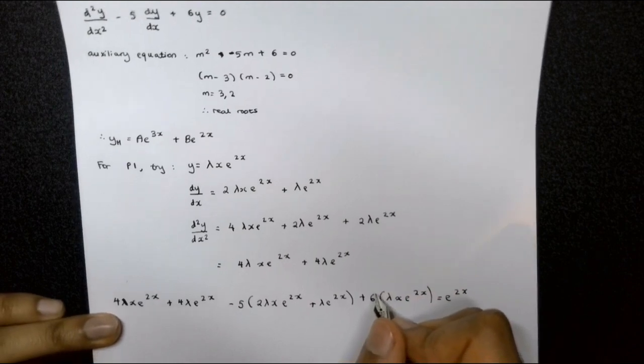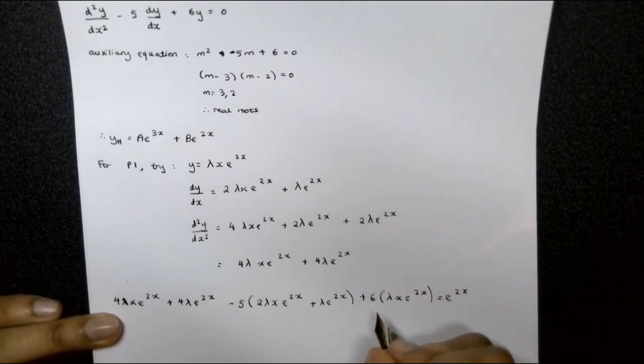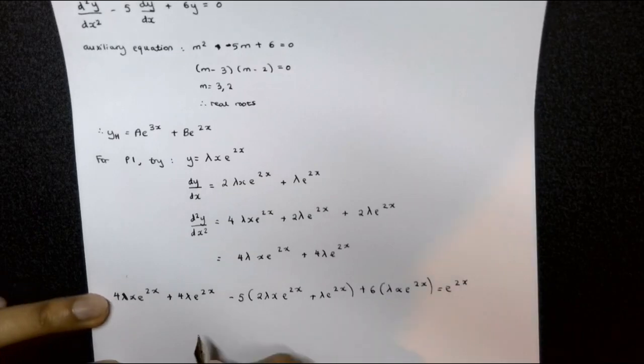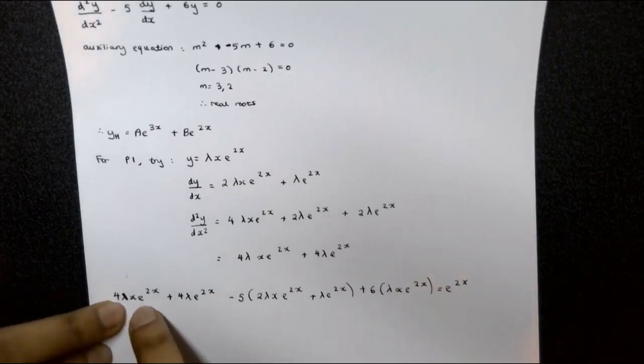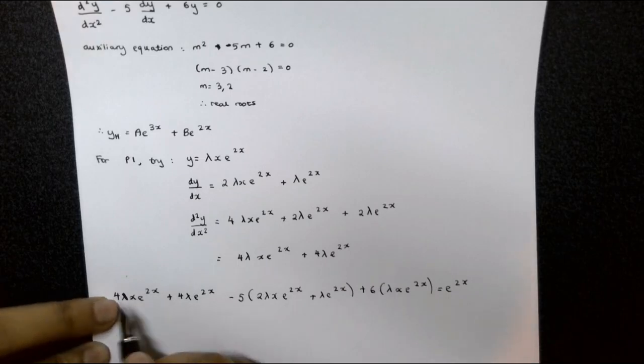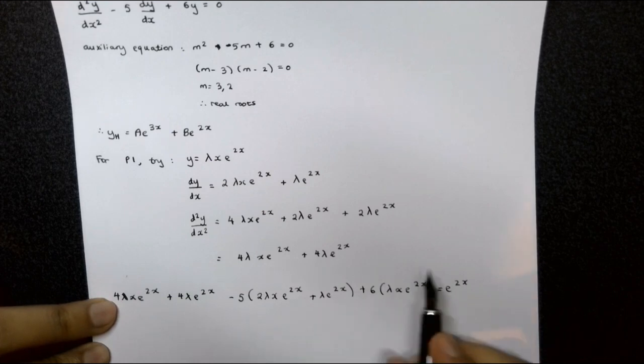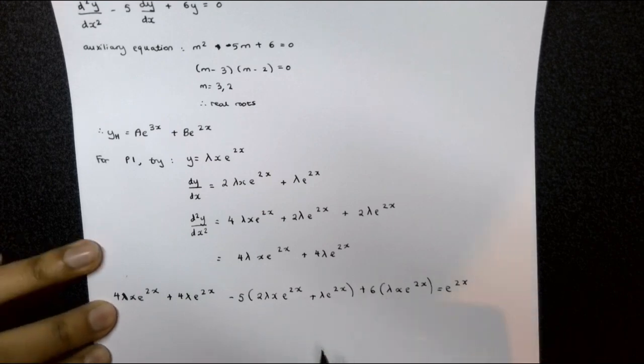So we now need to tidy all of this up. If we consider the x e to the 2x terms, we've got 4 lambda, and then here we've got minus 10, and then we've got plus 6, so that will be 0.